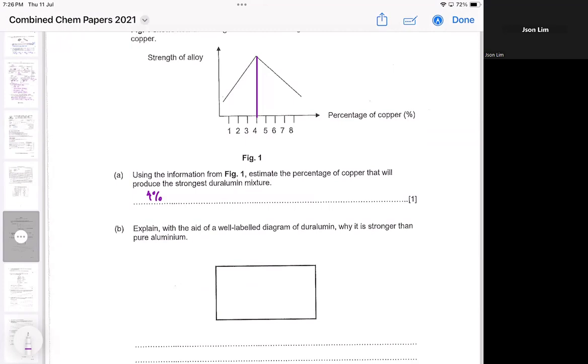So how do we draw a well-labeled diagram of the alloy? Copper atoms are a bit bigger. They are the ones that disrupt the aluminum. So normally how I would draw this, I'll just draw two bigger ones. Because the question says well labeled, I need to label this. Then draw a sunflower, then draw another sunflower.